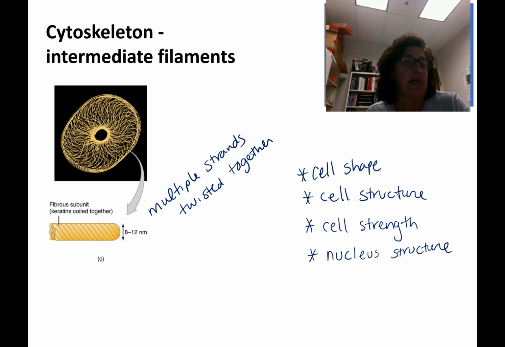And one of the ways they can figure out if you have cancer that has metastasized, so that means cancer that has moved from where it started, they actually analyze the intermediate filaments, and they can tell where that cancer came from. Did it come from your liver? Did it come from the breast tissue? Did it come from, I don't know, wherever cancer comes from? They can tell that by the specialized intermediate filaments. I thought that was cool.